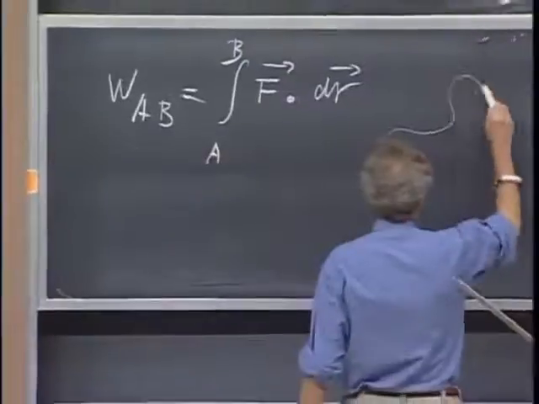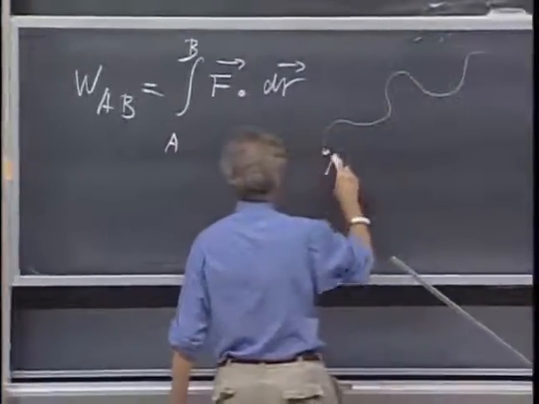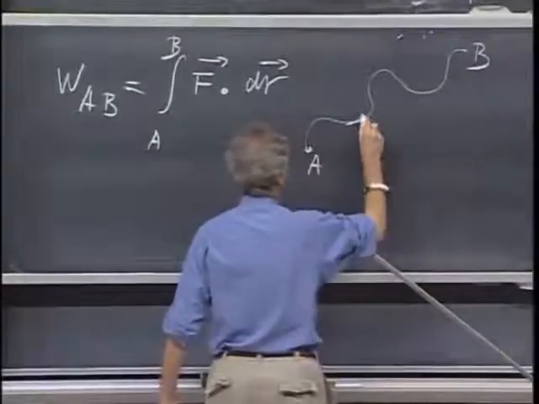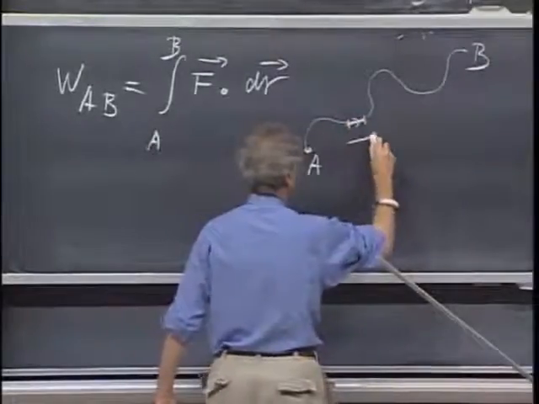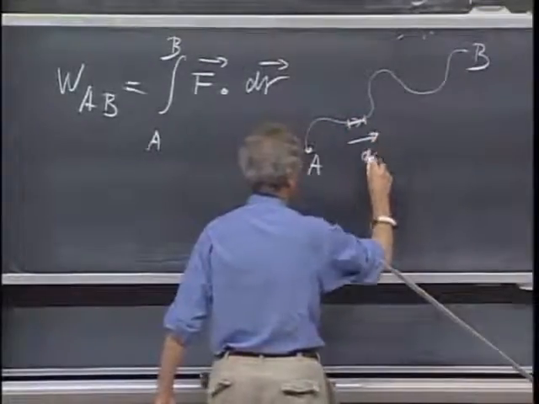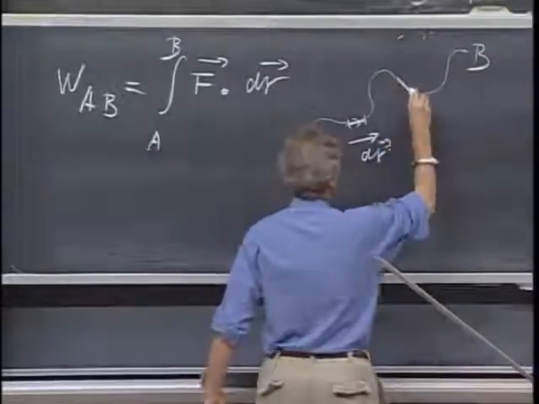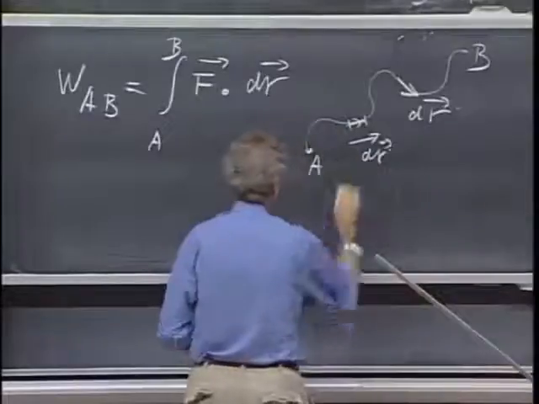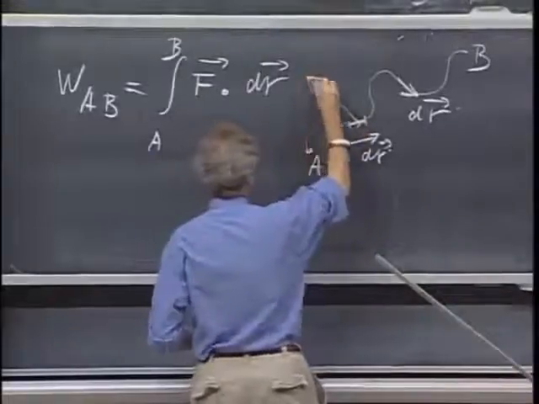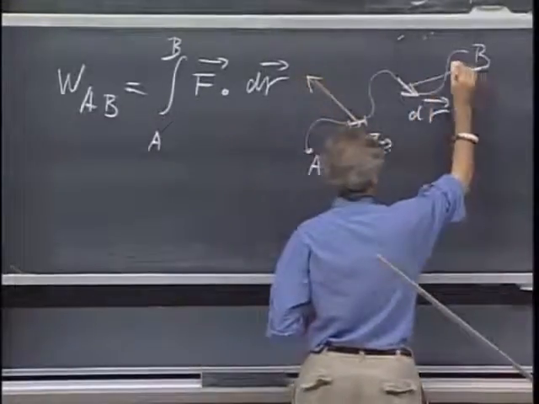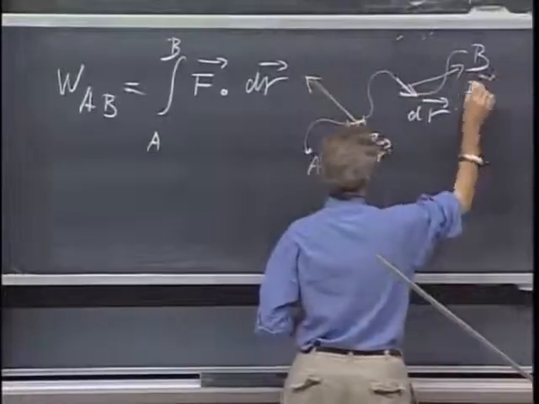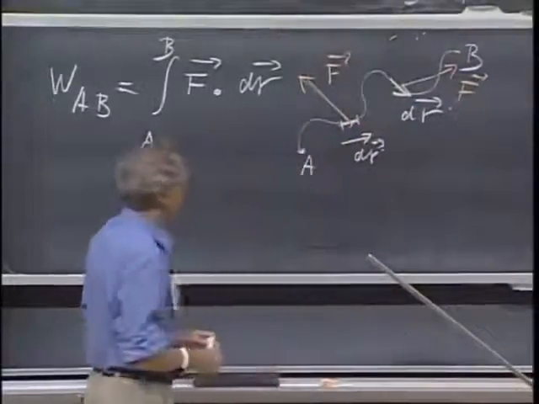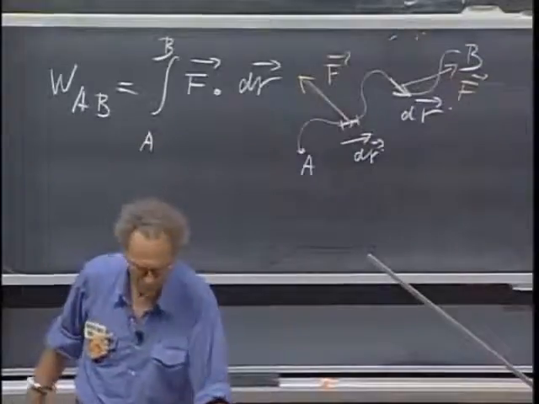So if this is from A to B, then dr here, if you go in this direction, this would be the little vector dr, and here, that would be a little vector dr. And the force itself could be like this here, and the force could be like this there. The force can obviously change along this path.